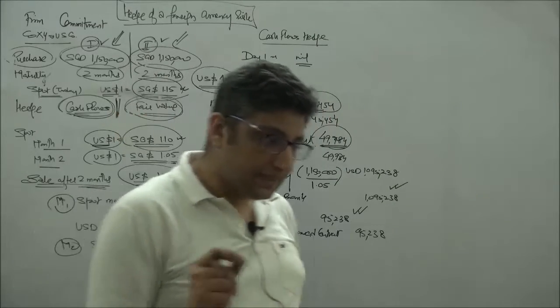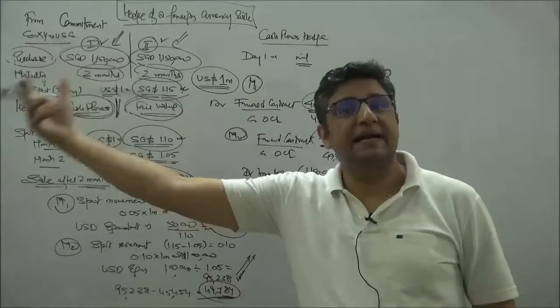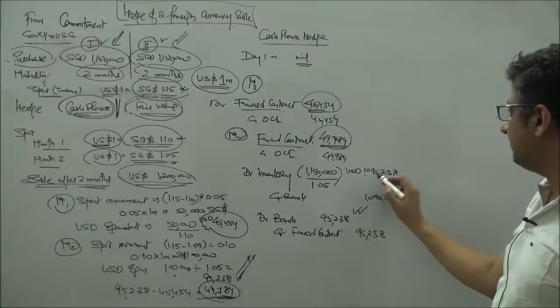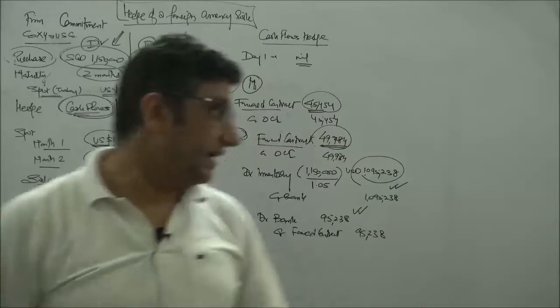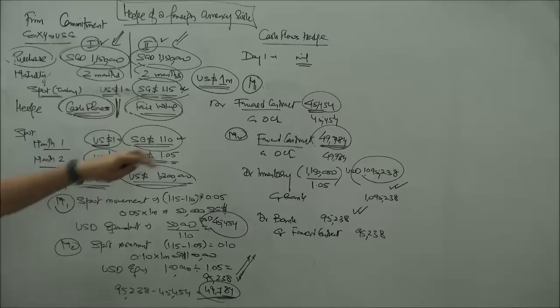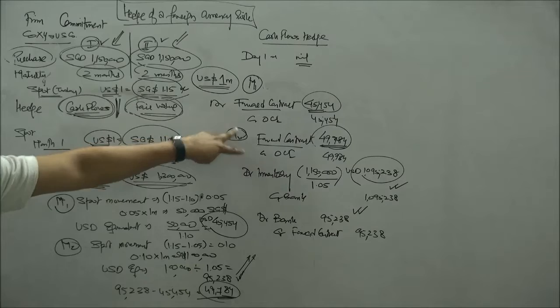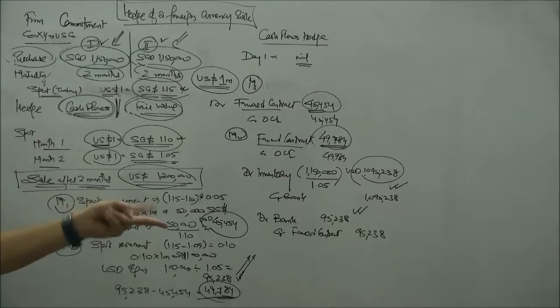Now at this point in time, I still have my inventory with me. Okay, but this inventory hits my P&L when I'm selling that inventory outside the system, which means that precisely my inventory still sits at 1095238 and I still have a gain of 95238 in my OCI. Okay, so when we are selling this inventory later, this inventory changes into a cost of goods sold.